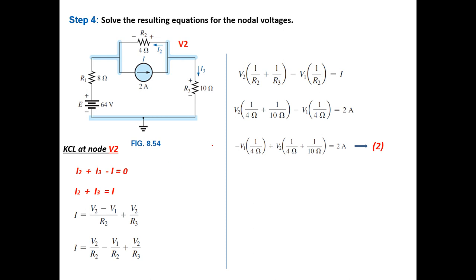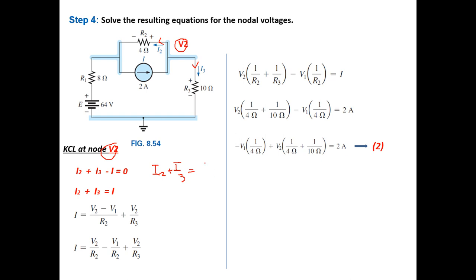Let's go to node number 2 now and apply the Kirchhoff current law. So again, simple, it's easy. But this time I will focus on V2. So we're assuming that the current is leaving the node, as you can notice, I2 and I3. So what does the Kirchhoff current law say? The current leaving the node, I2 plus I3, is equal to what?